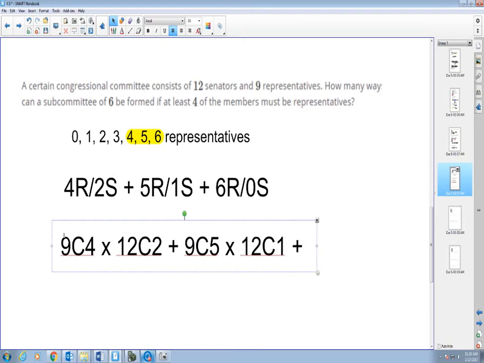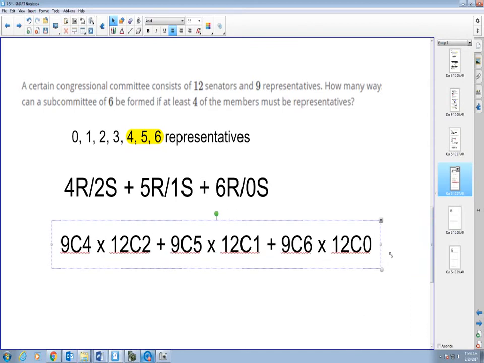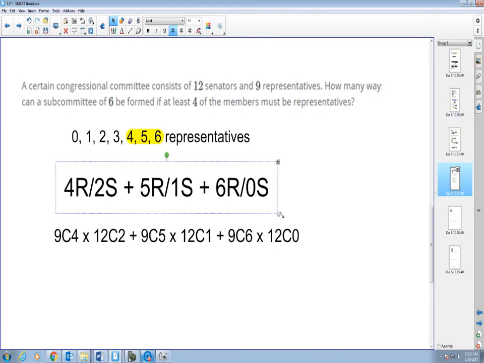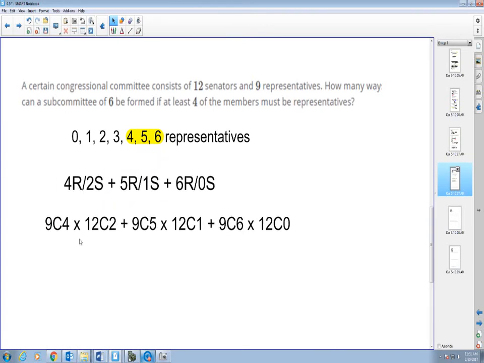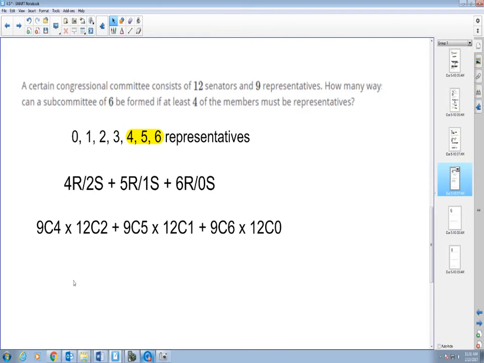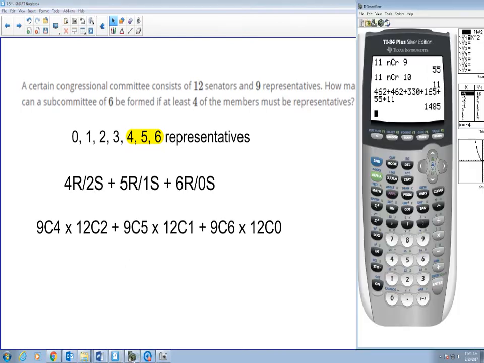Or I'm going to do 9 representatives to choose from, choosing all 6 of them, followed by 12 senators, choosing none of them. Okay. Alright, so these are the scenarios, with the plus sign matching up with the plus sign.